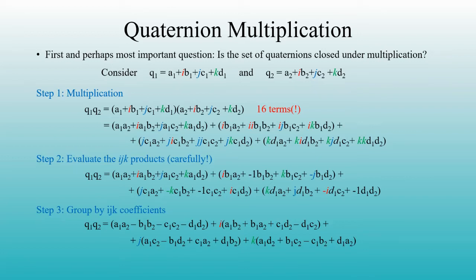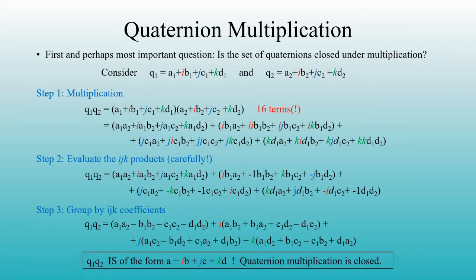Every product term is associated with a single letter if you count plus or minus 1 as a letter. Thus, we find that Q1 times Q2 is of the form A plus iB plus jC plus kD and is therefore in the set of quaternions. Unlike triplets, but like complex numbers and real numbers, quaternions are closed under the operation of multiplication.